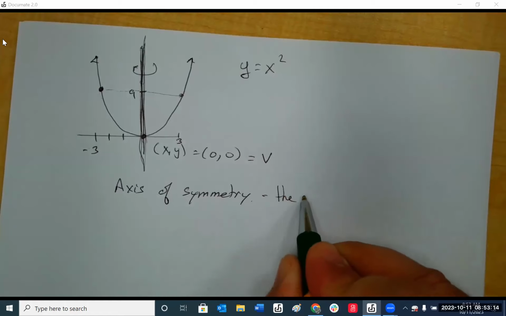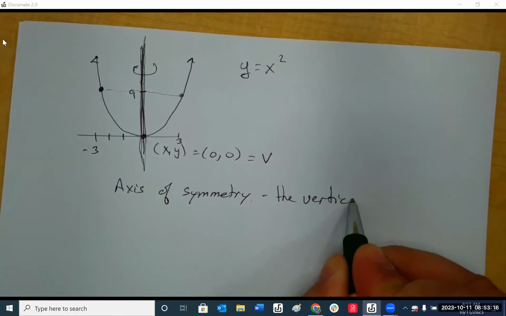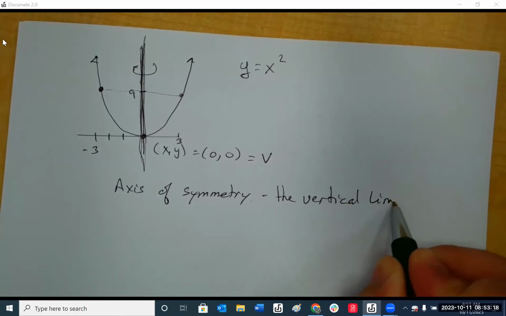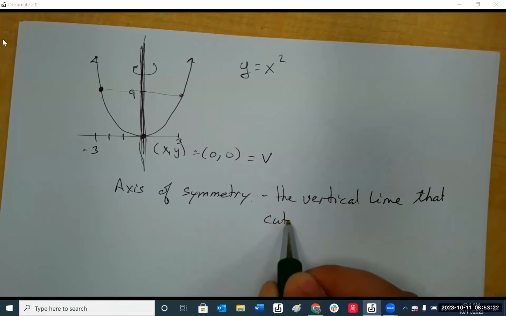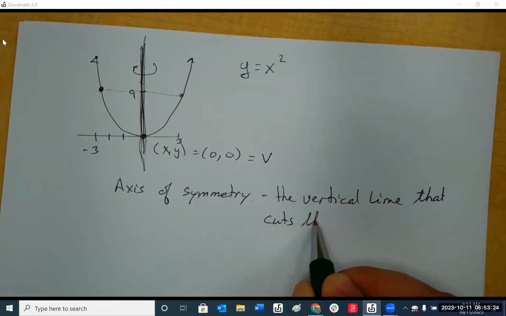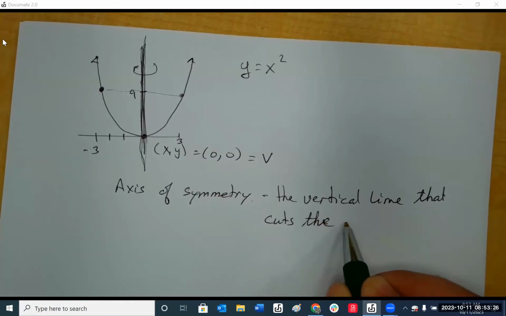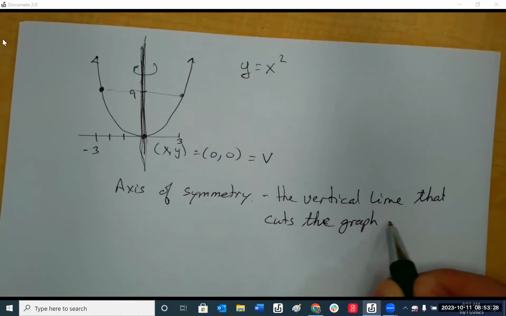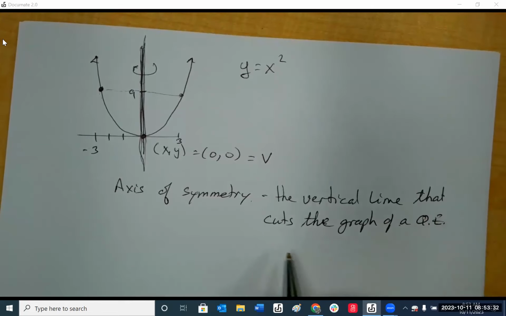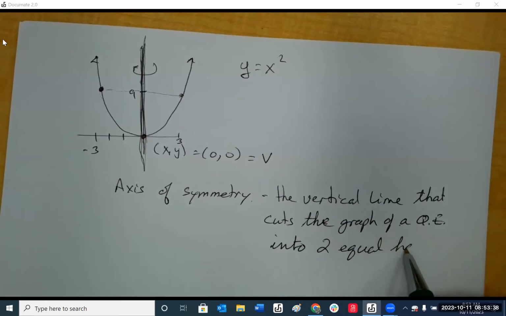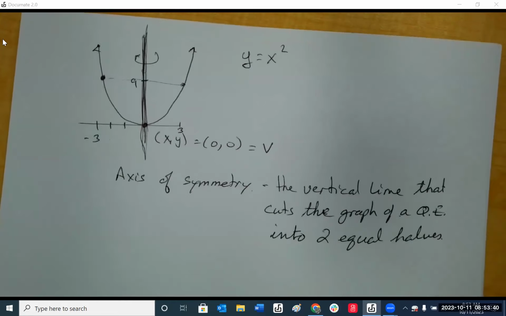It's the vertical line that cuts the graph of a quadratic equation into two equal halves.